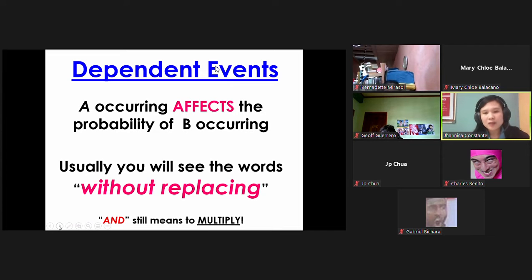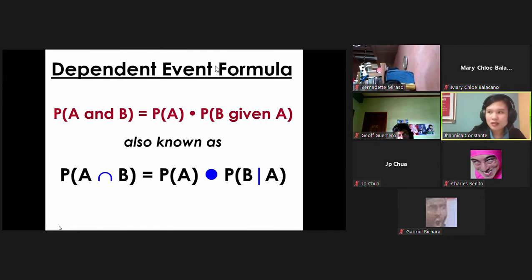It's the same. You multiply the probability of the first event and the probability of the second event, the same with your independent, wherein you get the product of the probability of the first event multiplied by the probability of the second event. This is the formula for the dependent event.